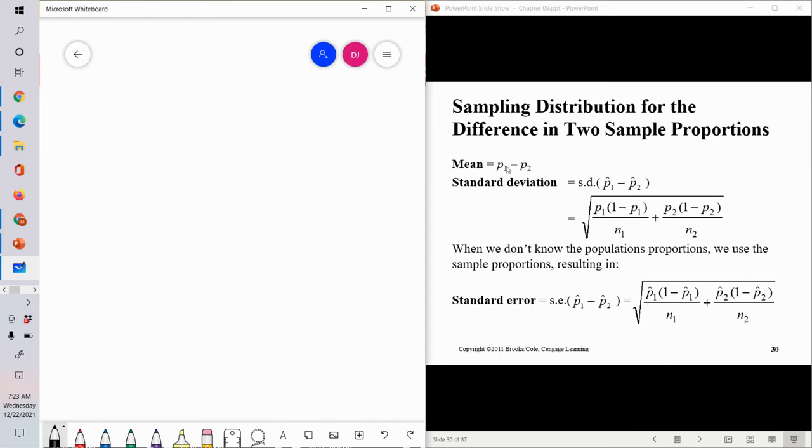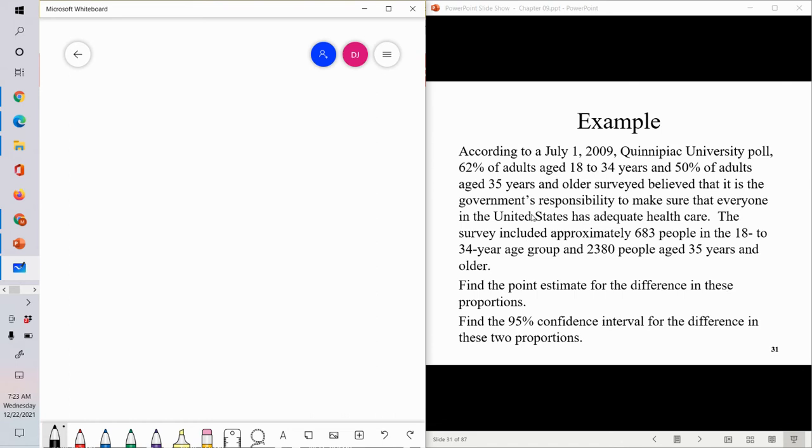And the mean, notice, is p1 minus p2. Let's do an example. According to a July 2009 Quinnipiac University poll, there are adults age 18 to 34 and 35 plus.